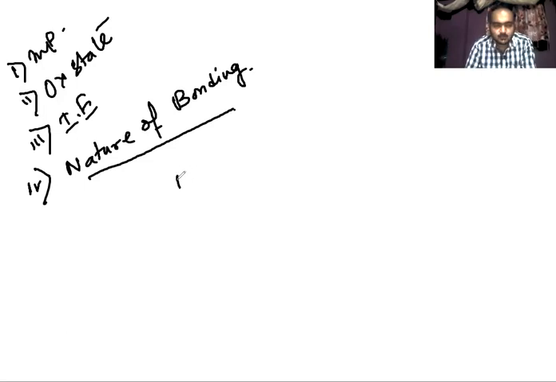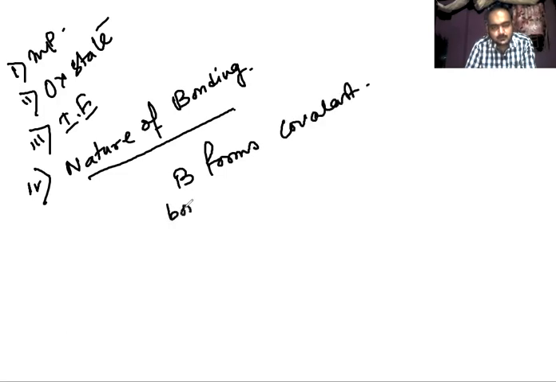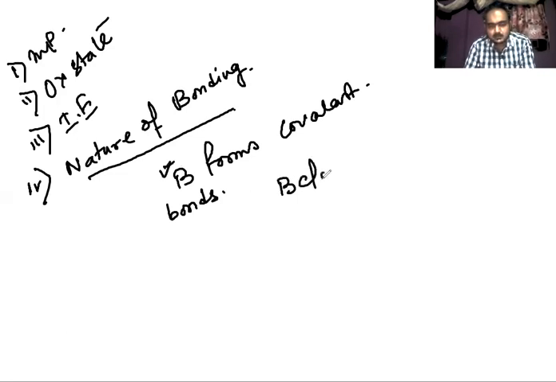Generally, boron forms covalent bonds. You will not see boron in the ionic form. It will form compounds such as BCl3, BF3, BBr3, BI3.